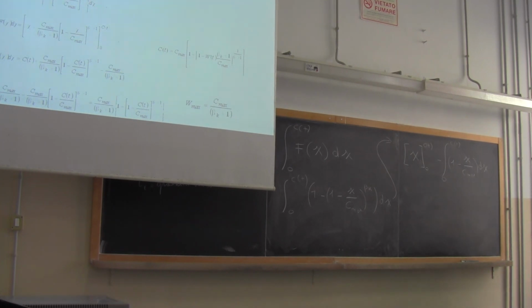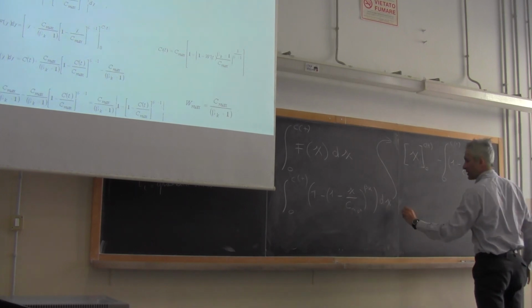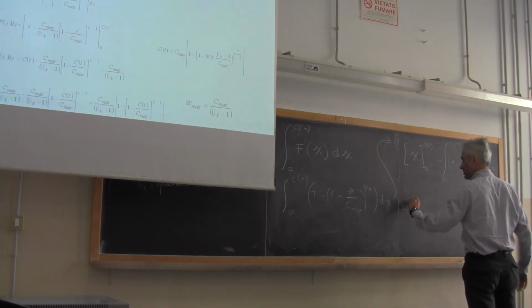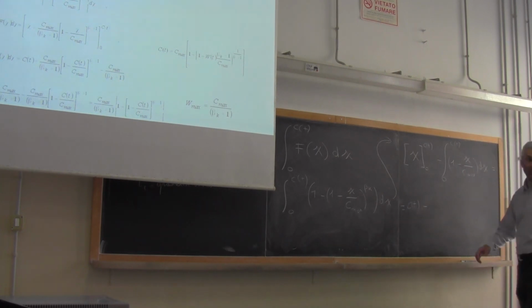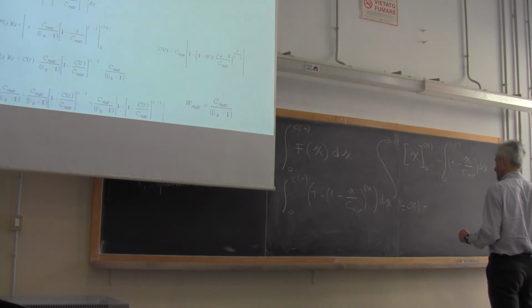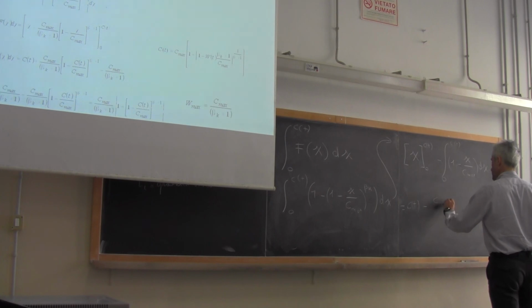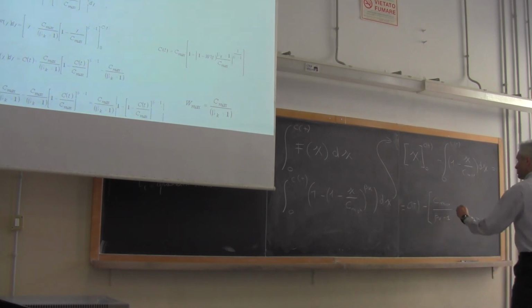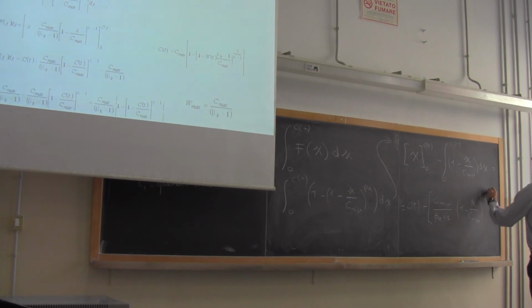So equal to ct minus, because I substitute the extreme of integration. I would say that this is equivalent to C max divided beta k plus 1, which multiplies 1 minus k divided C max to the power of beta k plus 1. And this is computed between 0 and Ct.